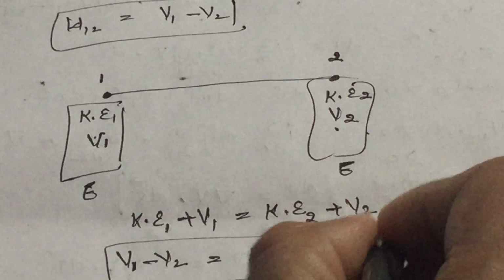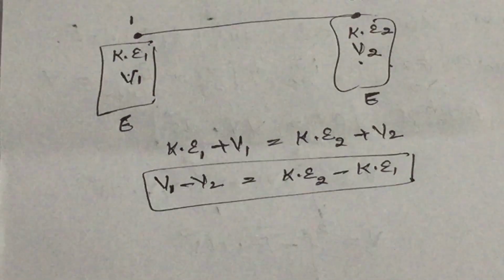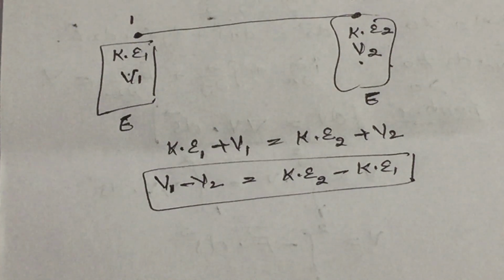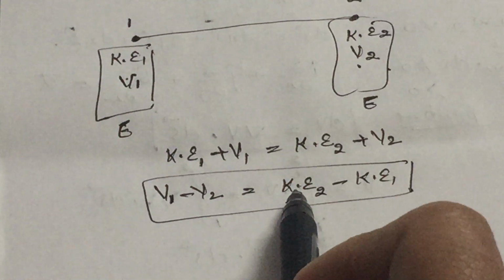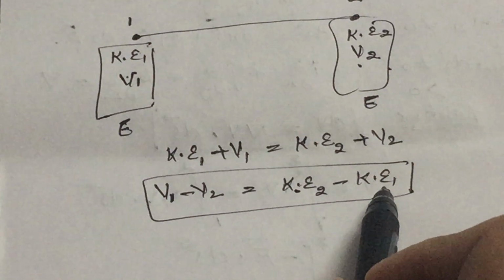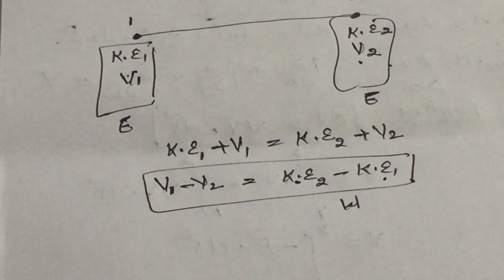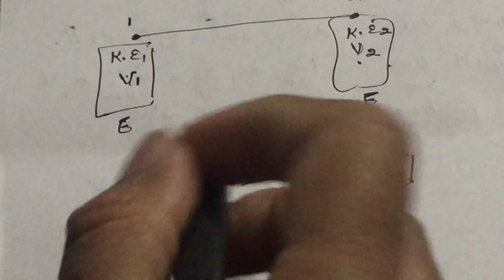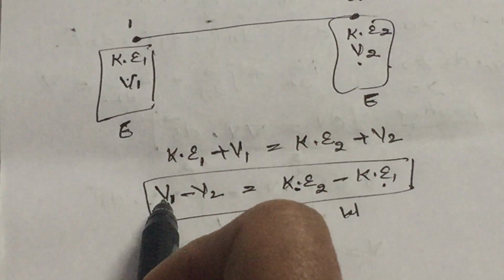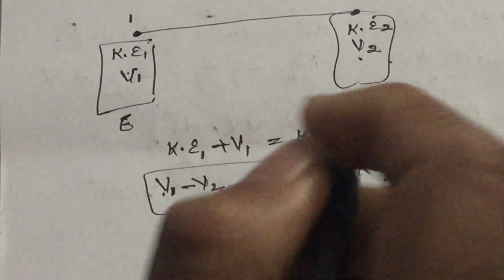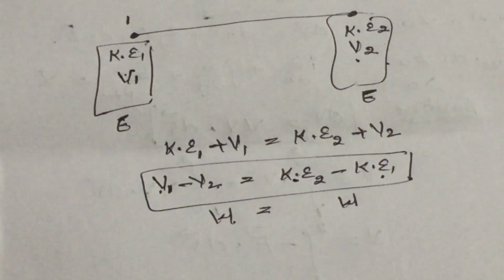From here we can find out how work is related to change of potential energy and to change of kinetic energy. Final kinetic energy minus initial kinetic energy is your work done, as we have discussed in the work energy theorem, and initial potential energy minus final potential energy again shows work done.